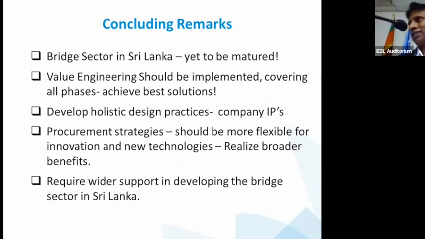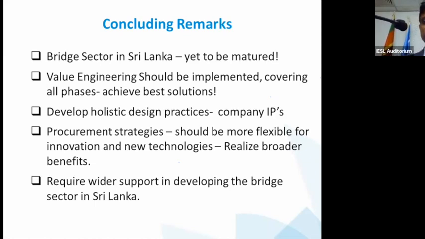It's not matured yet, like buildings. There are areas you can improve. Please try to follow the procedures that I emphasize. Whether you are wearing different hats, as client or contractor, if you know the process and what needs to be done, try to get it into the procurement rules. That's what I want to emphasize.